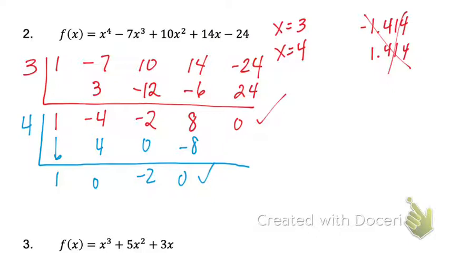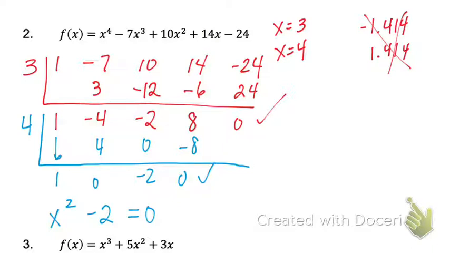So now you have 1, 0, -2, 0. I've done synthetic division twice from x to the 4th. When I did it once, it became an x cubed. When I did it again, it became an x squared. So this would be x squared plus 0x minus 2 equals 0.